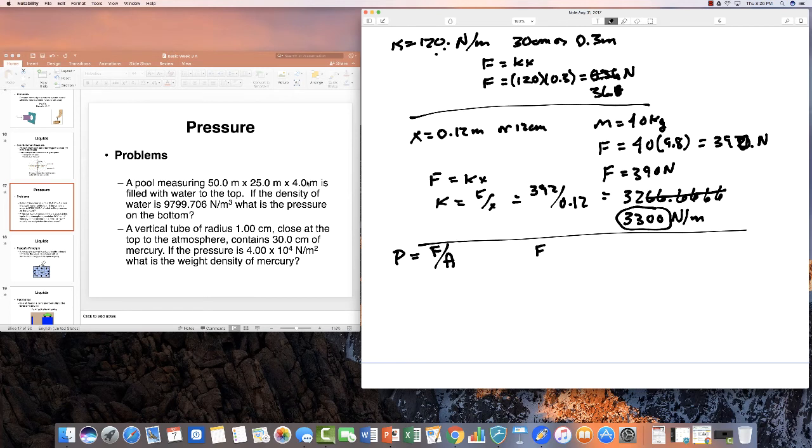So if you know the volume and you know the density, then you know the weight. So the force is going to equal the density, rho, times the volume, which is going to equal, in this case, 9799.706 times, and then the volume here is going to be 50 times 25 times 4.